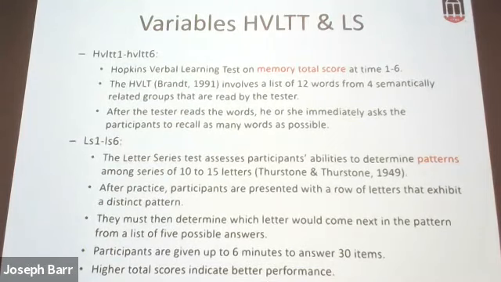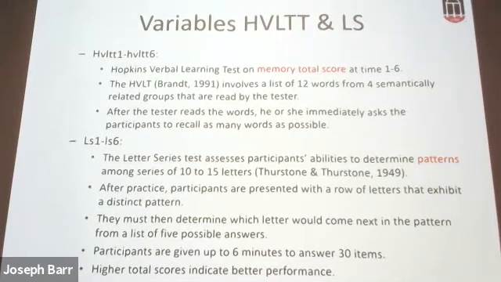After practice, participants are presented with a row of letters that state a distinct pattern, and they must determine which letter would come next in the pattern from a list of 5 possible answers. Participants are given up to 6 minutes to answer 30 items. Higher scores indicate better performance.